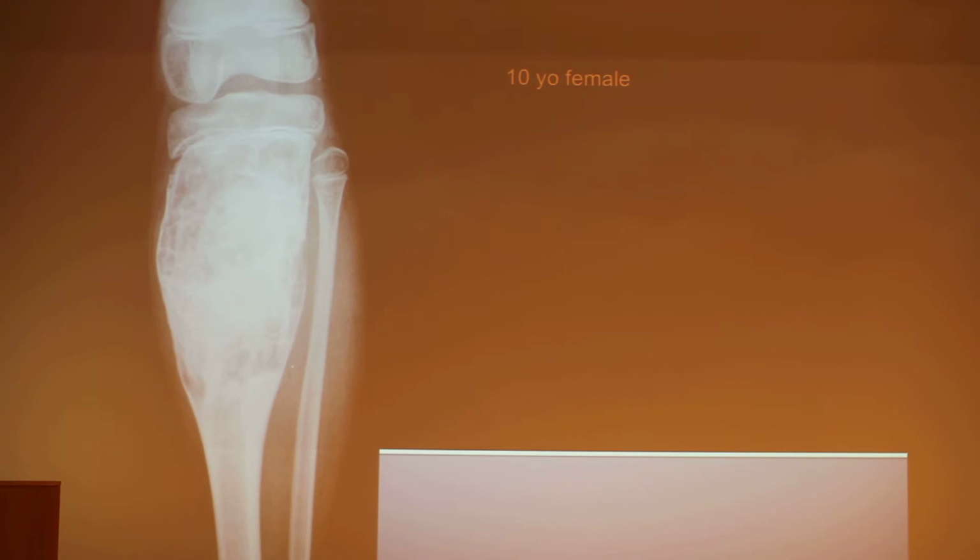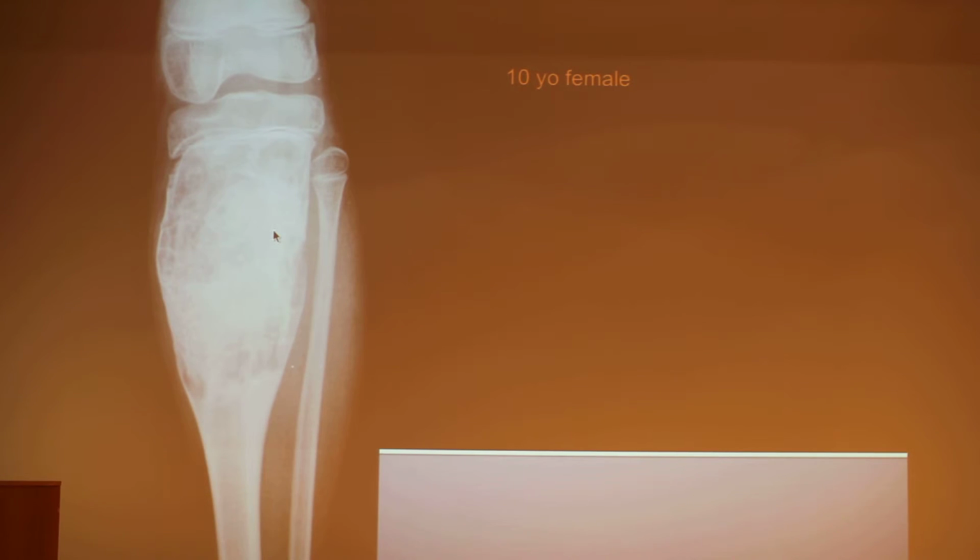So another case here: a 10-year-old female with an expansile lesion involving the metaphysis and the superior third of the tibia, with expansion here, but the cortex is still not disrupted. You can see some trabeculations within the lesion.